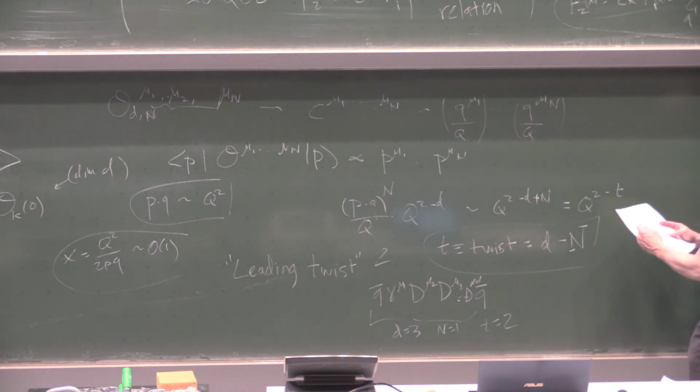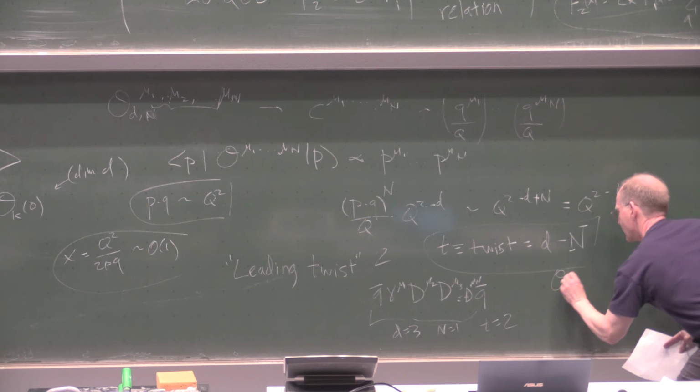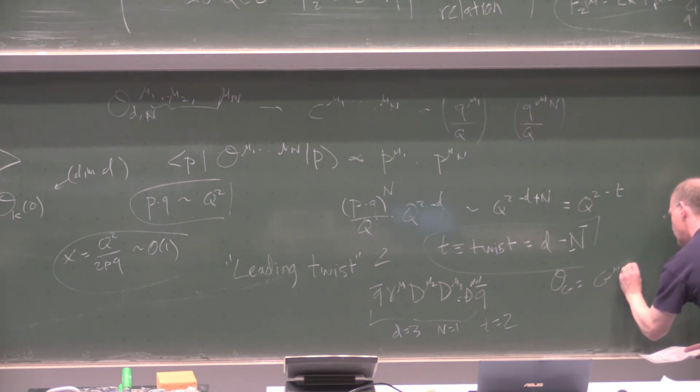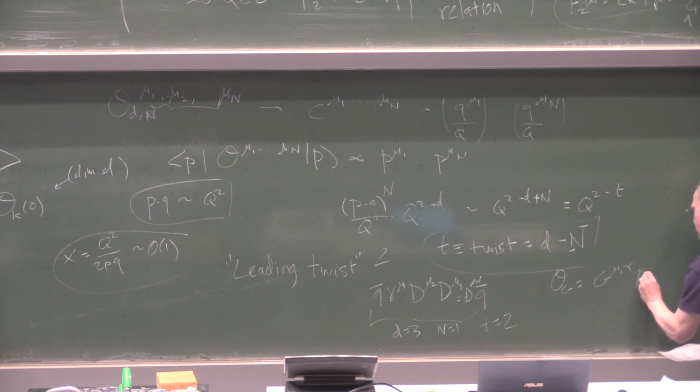And there's a similar set for gluons, which are something like g mu 1 alpha, d mu 2.